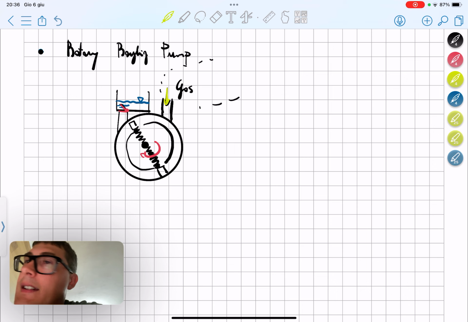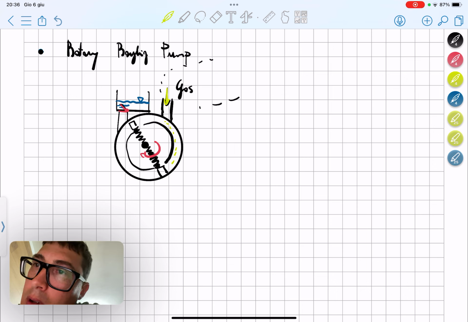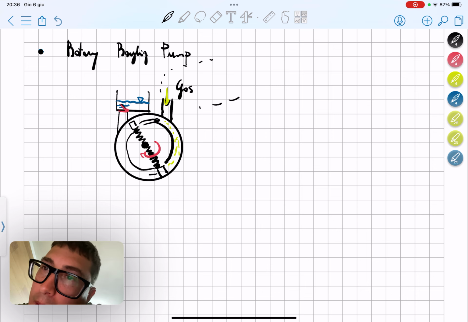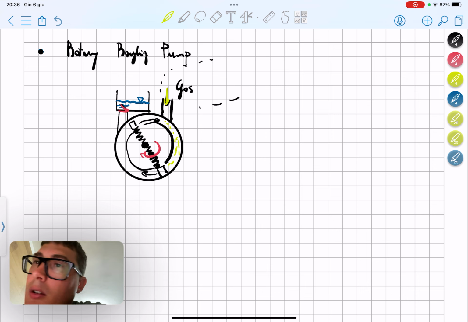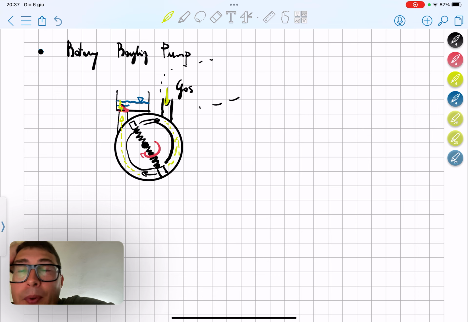So the gas comes inside here, and when this part is coming this way and this one is going this way, it is essentially compressing the gas all the way until its exposure here. This red valve opens, the gas compressed by the rotation of this mechanism goes inside here, and then it's evacuated. Okay, so this is the basic principle of this pump.